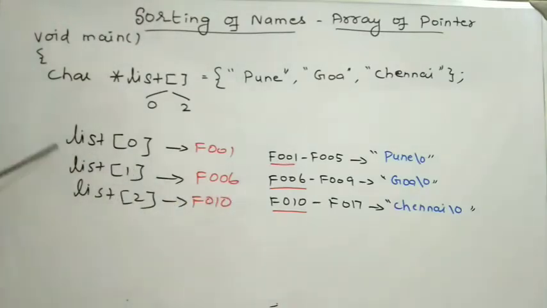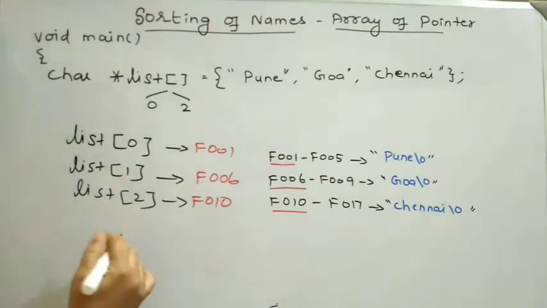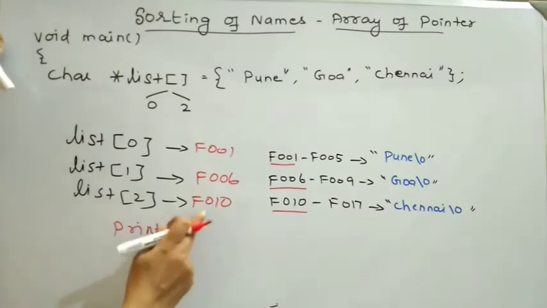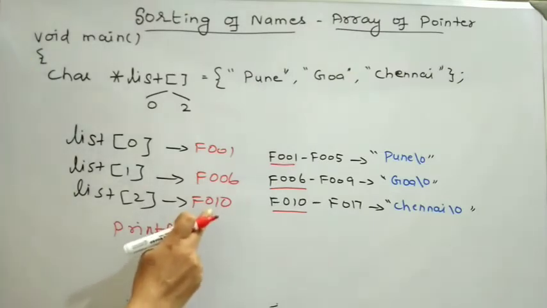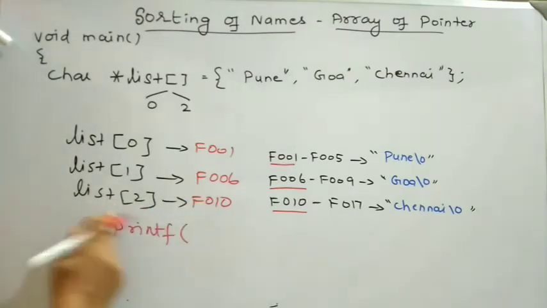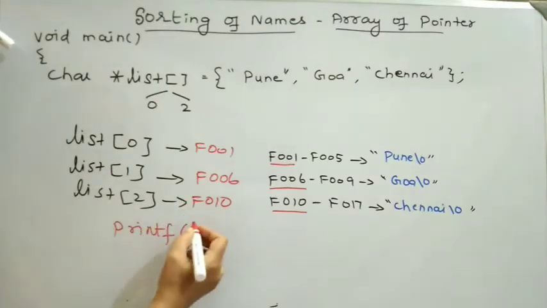Making use of the elements of this pointer array, if I want to access the string value, how do I access it? For example, in this printf statement, to access the content stored in the memory address pointed to by this pointer variable, I can make use of the indirection operator.